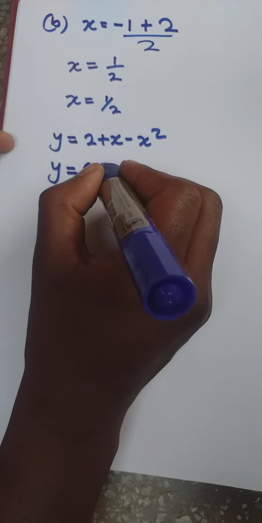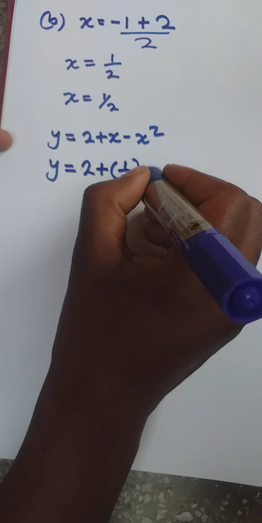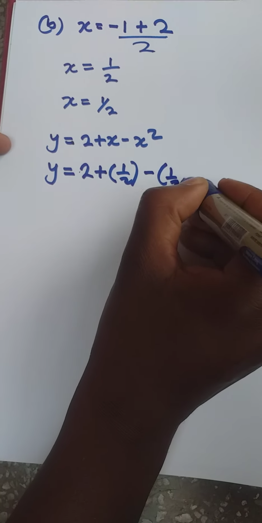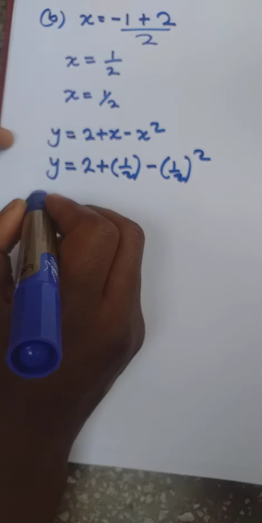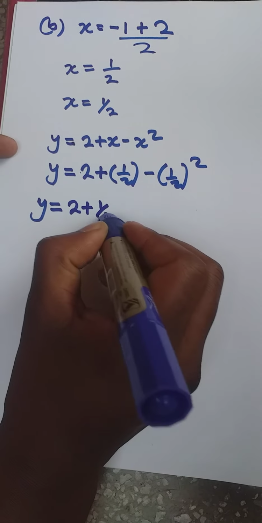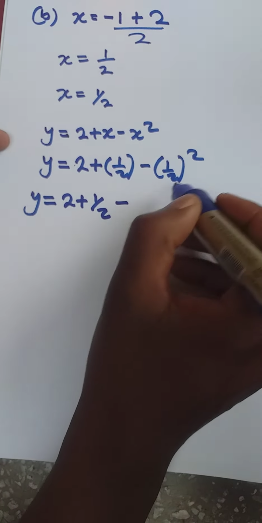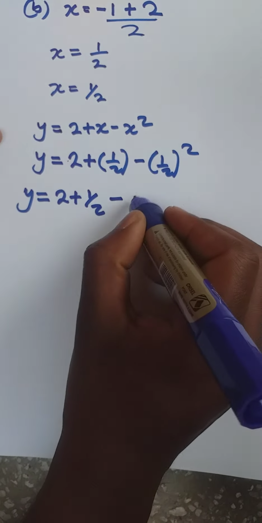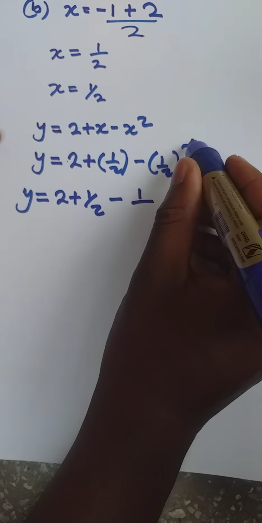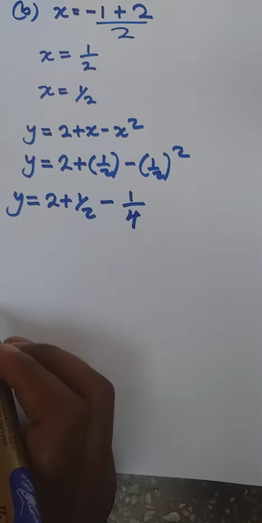So y is equal to 2 plus, where there is x, we replace the value of x for the turning point, minus 1 over 2 squared. Remember, do not use a calculator. This is paper 1 and the calculator is not allowed. So 1 over 2 squared means you square 1, which is 1, then you square the 2 down, so 2 squared is 4.